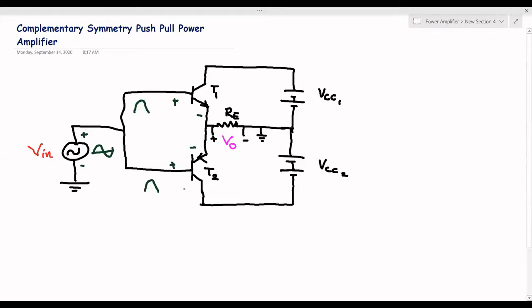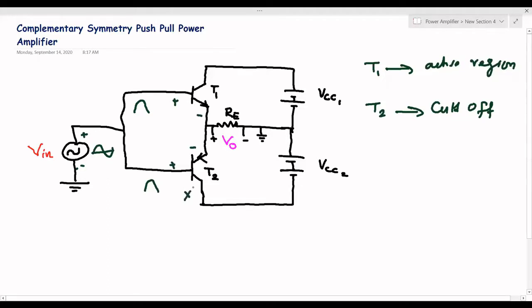Because T1 is an NPN transistor, a positive voltage at the base with respect to the emitter will forward bias the base emitter of T1, whereas a positive voltage at the base of a PNP transistor will reverse bias its base emitter junction. As a result, from cutoff, T1 will move to the active region and T2 will move to the cutoff region.